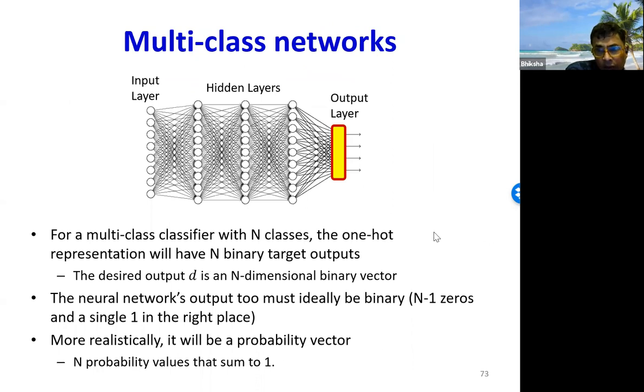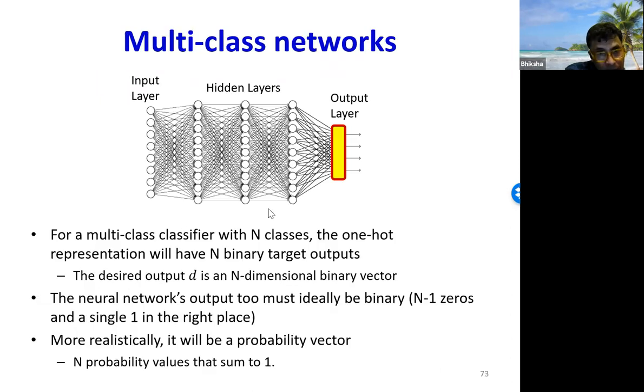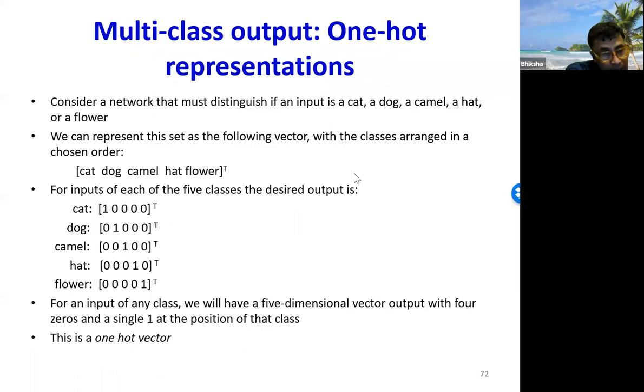So for a multi-class classifier with n classes, the desired output in response to every training input, which is going to belong to one of these classes, is going to be a one-hot vector corresponding to that class.